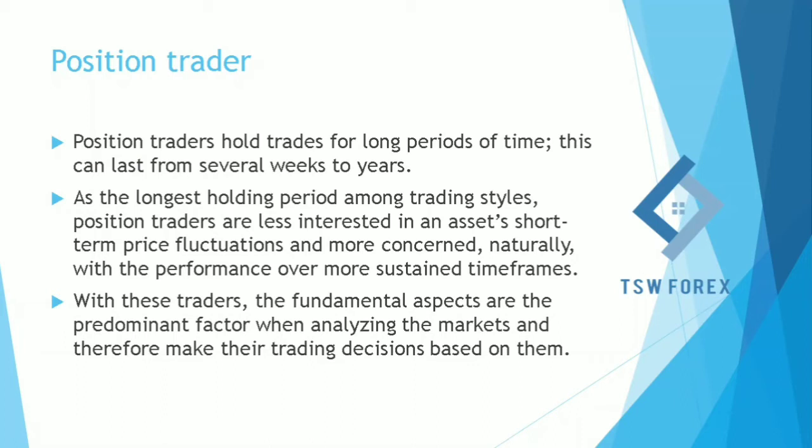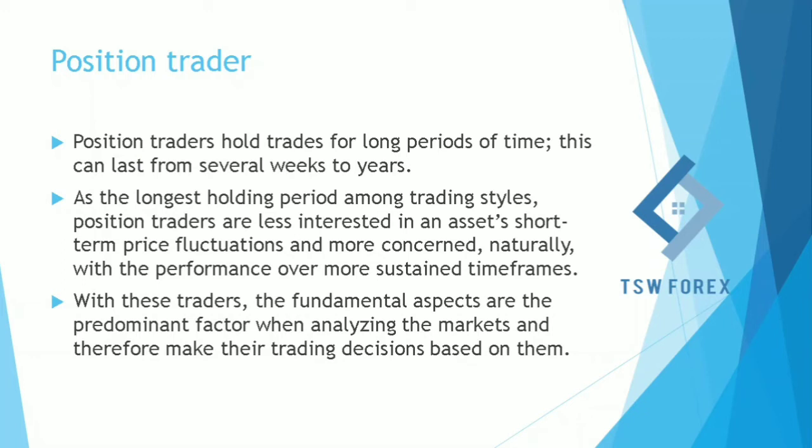So you will have, for example, Britain leaving the EU. A position trader would have looked at the market, found major resistance levels, and during that time period when Britain announced Brexit, they would short the GBP against the US dollar or maybe the Japanese yen.